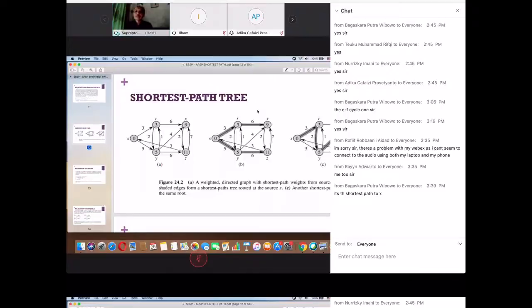From S to X, one is S to T and the second is from T to X, associated with weights 3 and 6 respectively. So when we sum them, we will have 9. So this is the weight of the shortest path.